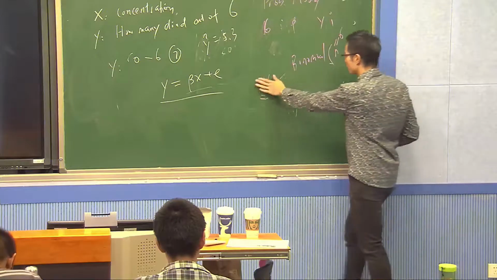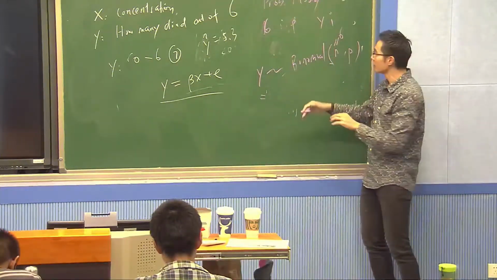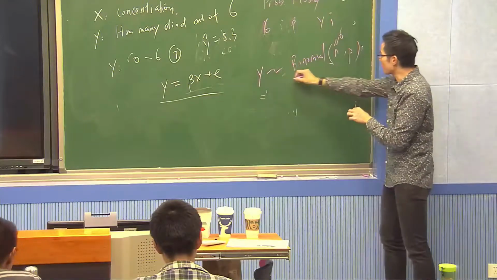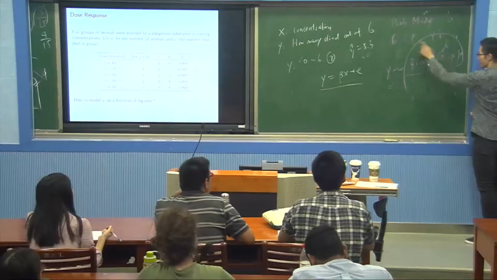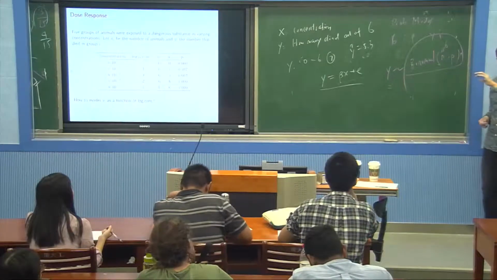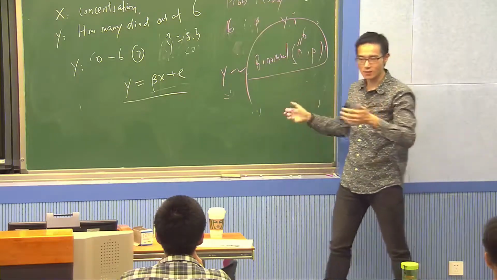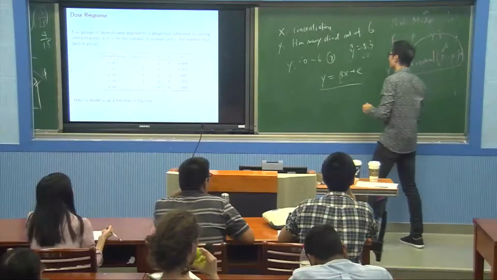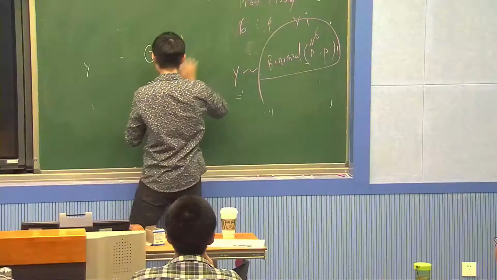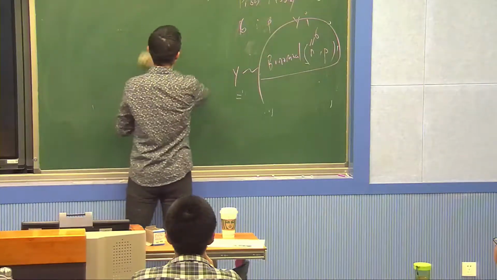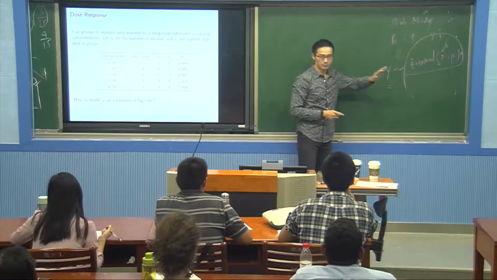And Y, which is the total number of individuals that die out of the 6, follows a binomial distribution with n equal to 6 and P the probability of dying. Okay, so that's just basic probability, right? I'm not going to spend time on this. If you're unfamiliar, you should really refresh your probability knowledge. But this is the distribution for Y.